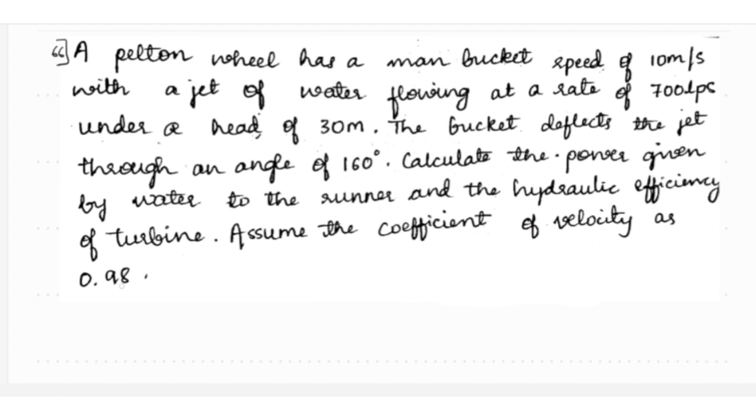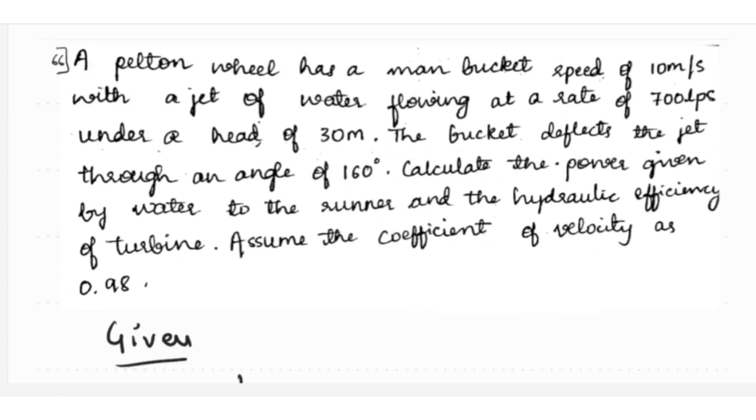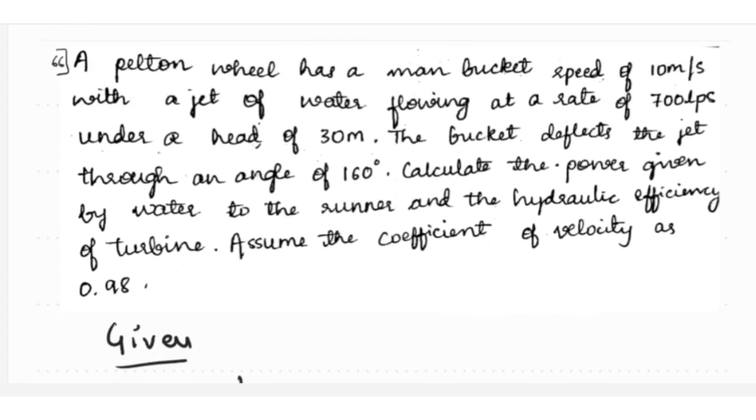So we will write down the given data. At the beginning, the speed of bucket is given, so that is velocity of bucket or runner. We'll take it as u is equal to 10 meter per second. Secondly, discharge is given as 700 lps.